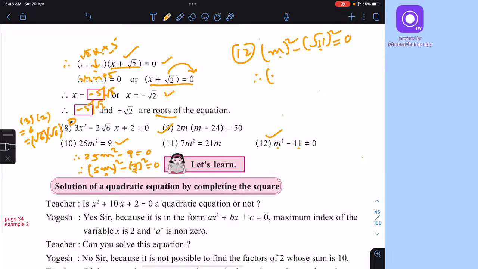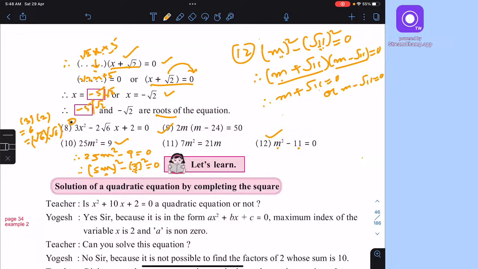So therefore m plus root 11 and m minus root 11 equal to 0. Factors of a square minus b square are a plus b and a minus b. Now the product of two terms is 0, so either the first term is 0 or the second term is 0. So m plus root 11 is equal to 0 or m minus root 11 is equal to 0.